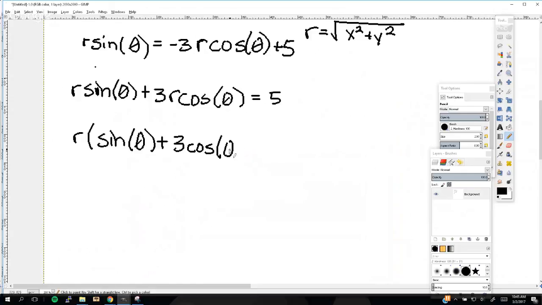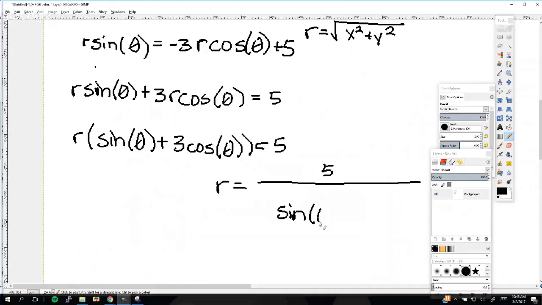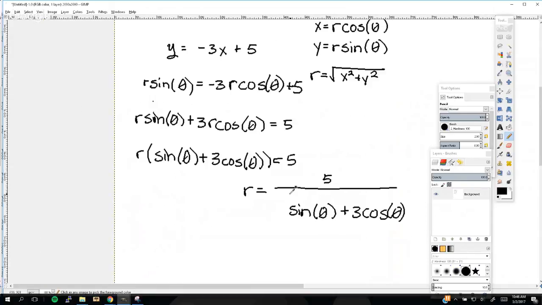And so then you can divide by sine of theta plus 3 cosine of theta under 5, and you're left with r. Oh, okay. I'm pretty sure you're right. That makes sense. Cool. The one before it, I have no idea.